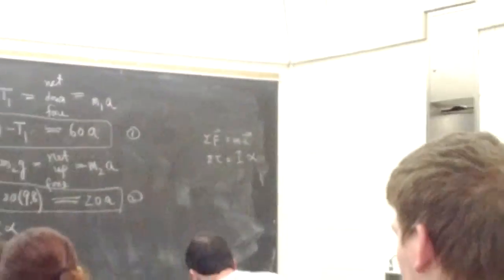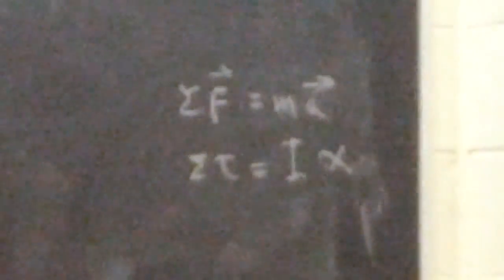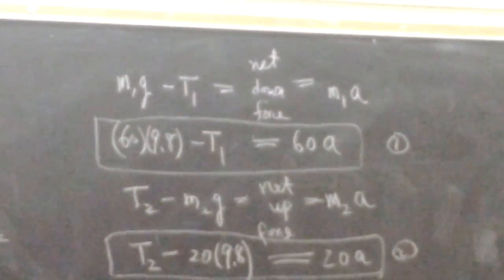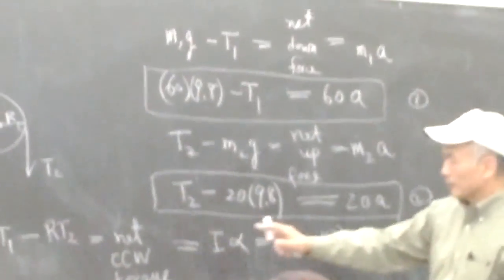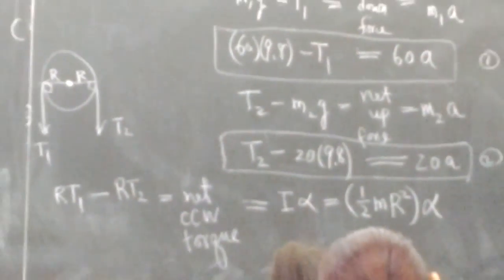Now, the fact that we have a solid cylinder comes into play. For a solid cylinder, what is I? What's the rotational inertia? 1/2 m r squared. So that's the I. Let's simplify this a little bit.